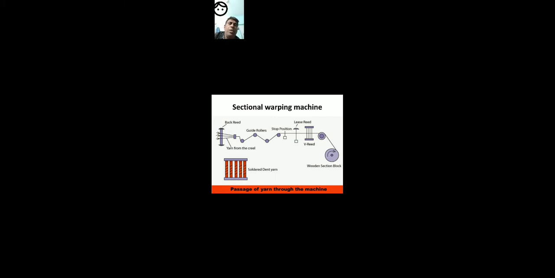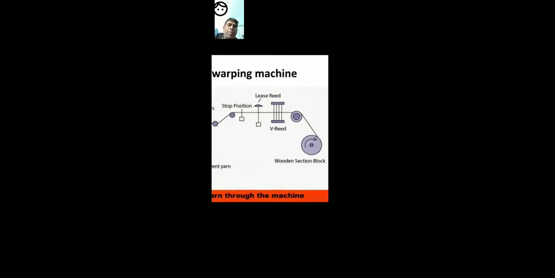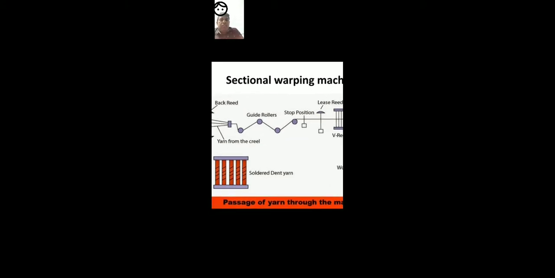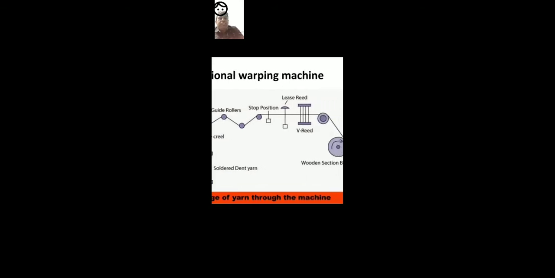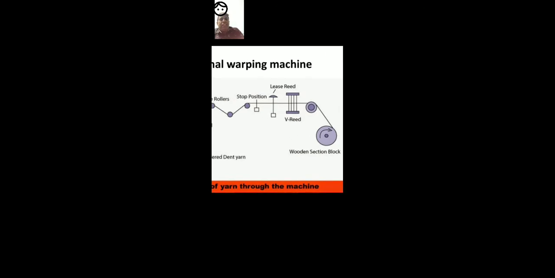So please observe, this is the sectional warping machine. This is the yarn from the creel. It passes through the reed and then guide rollers and then stop motion, and then through the lease reed, and then after that the V reed, and then onto the wooden section block.